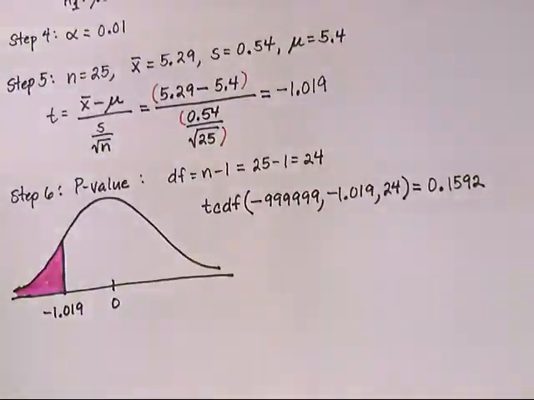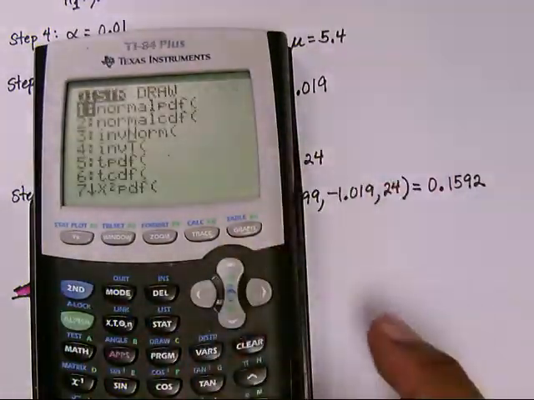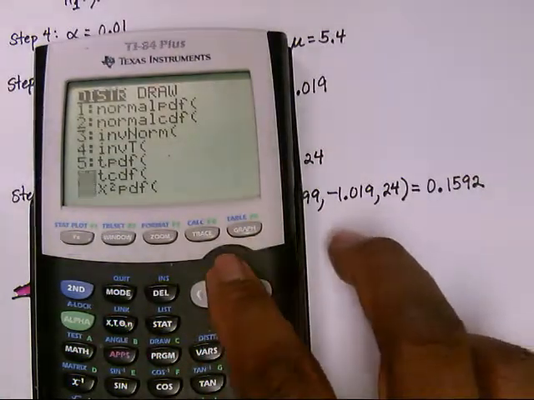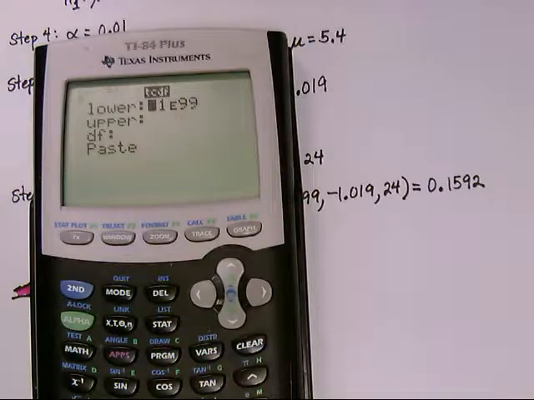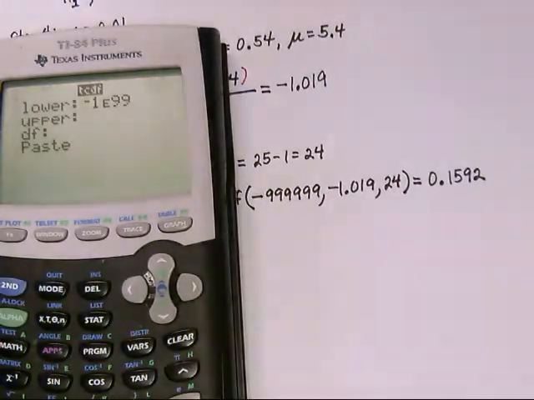And now let me show you the one with the 84 Plus, the newer versions, because your screen is going to be a little bit different. Second vars, and then we'll select TCDF, which is right here, and then press enter. It's going to look like this. So your lower limit would be that negative with 6 nines. And then you press enter.